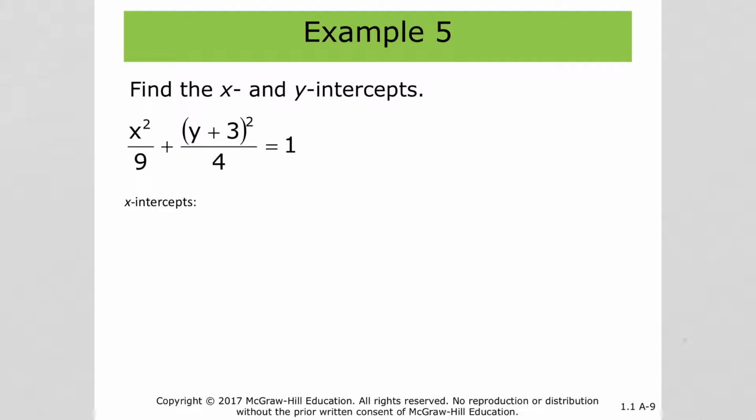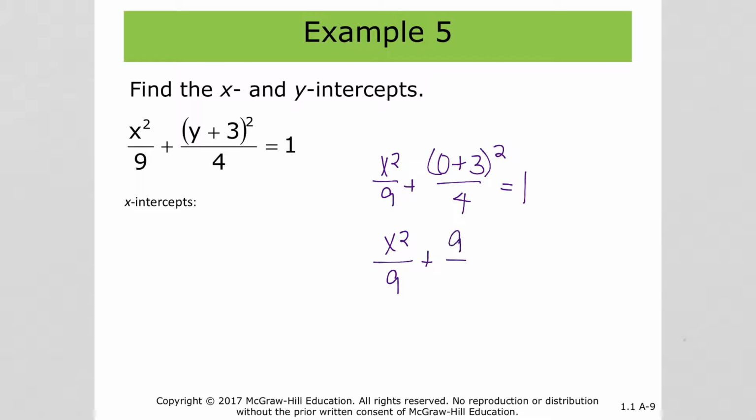Same deal. Last example. So for this one, to find the x-intercept, again, we plug in 0 for y. Well, 0 plus 3 is 3, and 3 squared is 9.